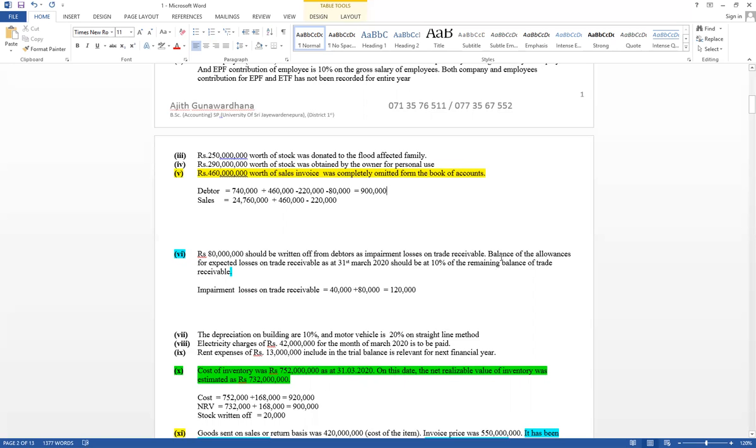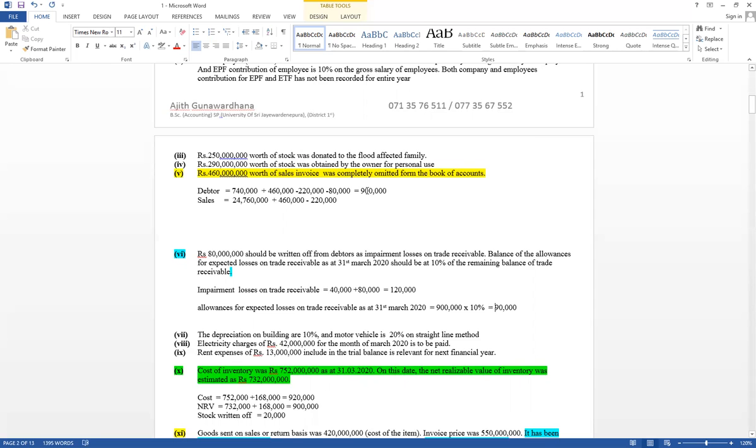Based on that value, you have to calculate allowances for expected losses as at 31st March 20. Balance of allowances for expected losses equals 10% of the closing balance of trade receivable. Therefore, 10% equals 90,000. This is the allowances for expected losses.